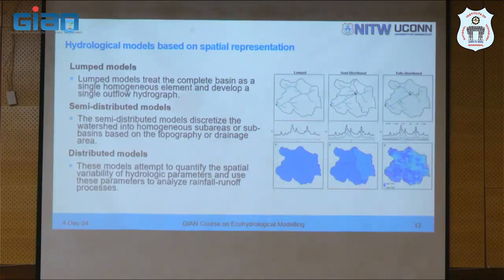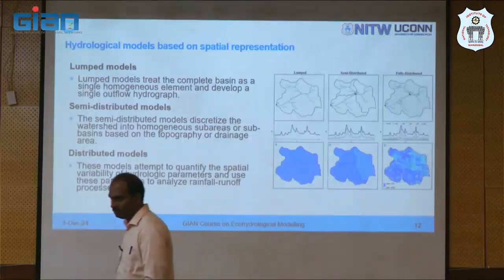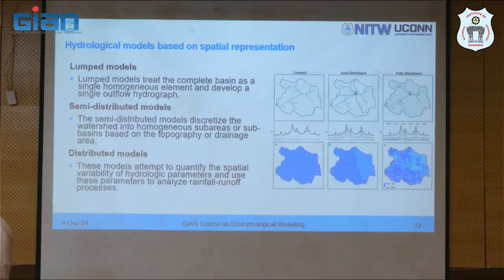Now some people will say, no, I don't want to distribute based on topography, I want to distribute between upland and lowland processes. One of the earliest distributed models that was developed was TOPMODEL, okay. TOPMODEL distributes between upland and lowland processes, that is floodplain processes and upland processes, because hydrology behaves differently at different locations, okay. So how you classify also matters, right.